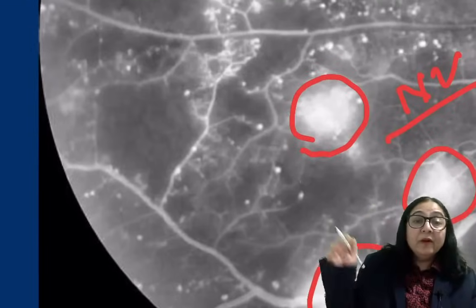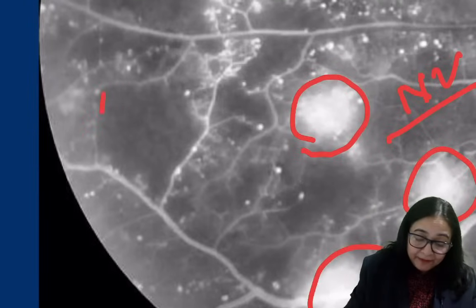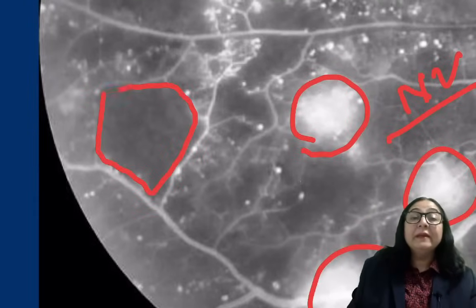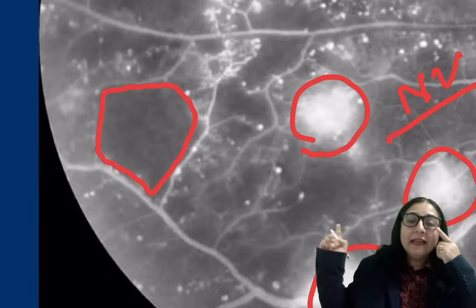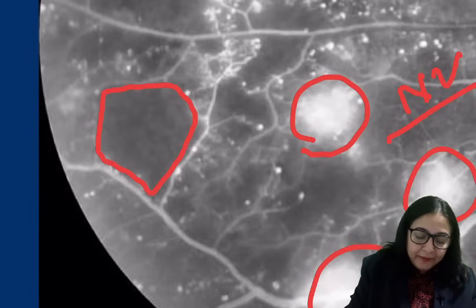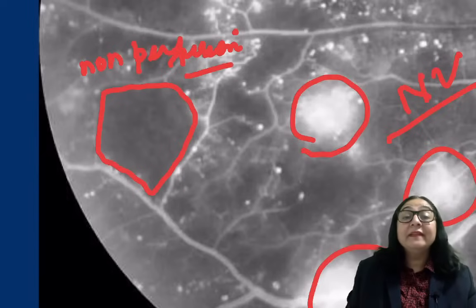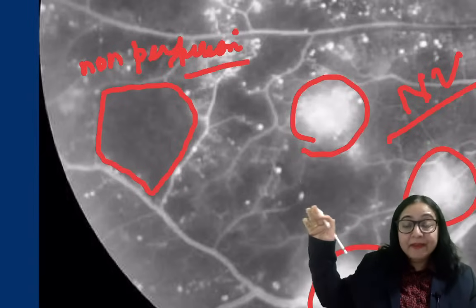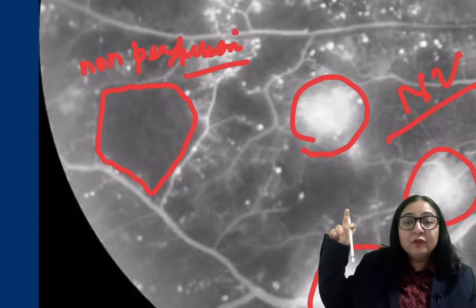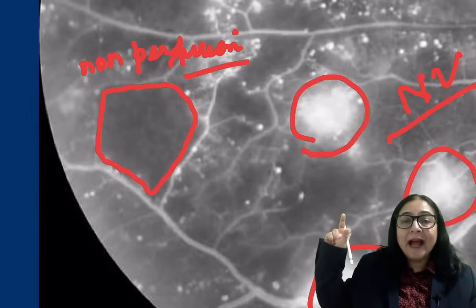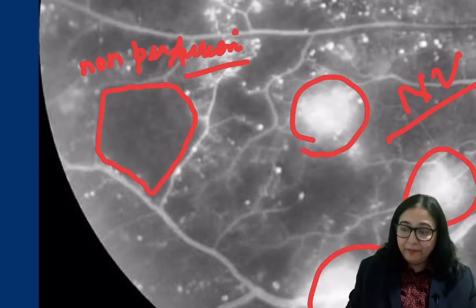To let you know, the areas like this, beta, which are appearing blackish or hypofluorescent, they are the areas of capillary non-perfusion. We know in diabetic retinopathy there is ischemia, so there will be certain areas where capillaries are occluded, so those areas will appear as capillary non-perfusion.